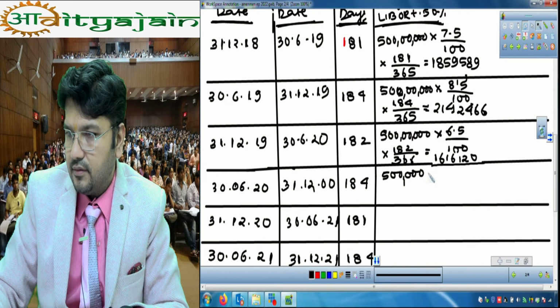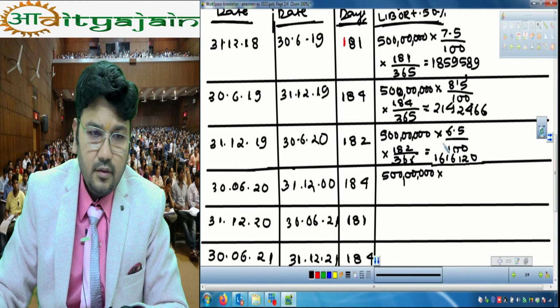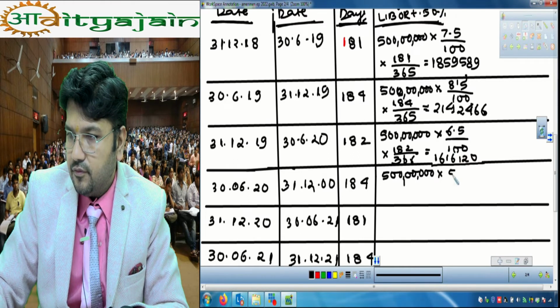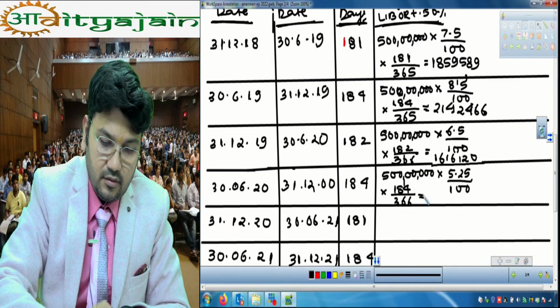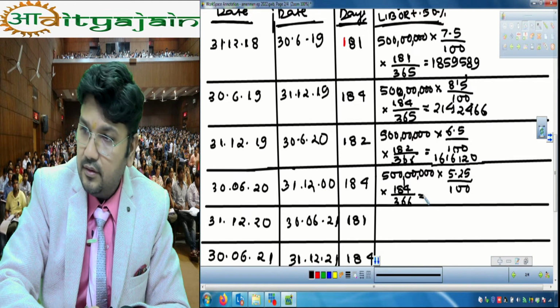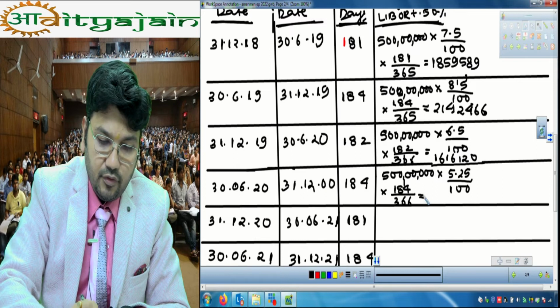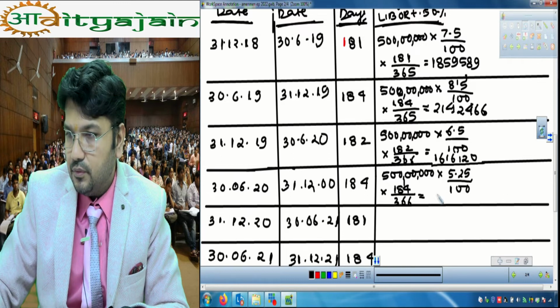500 lakhs into 5.25 upon 100 into 184 upon 366. 500 into 5.25% into 184 divided by 366, 1319672.